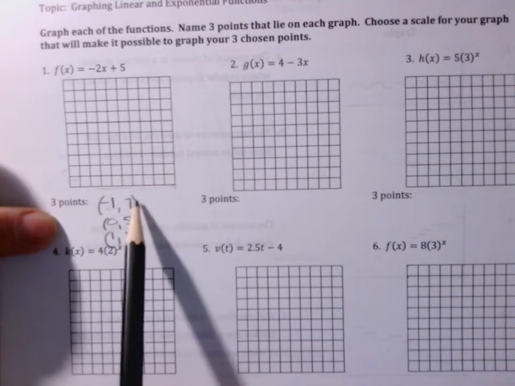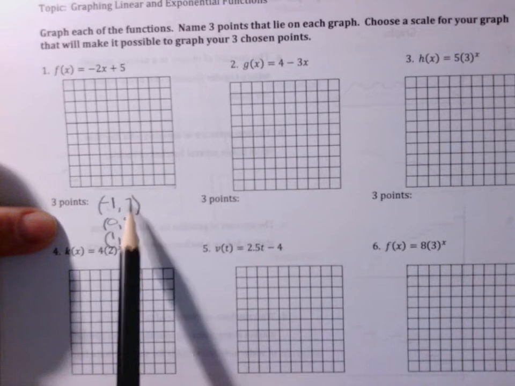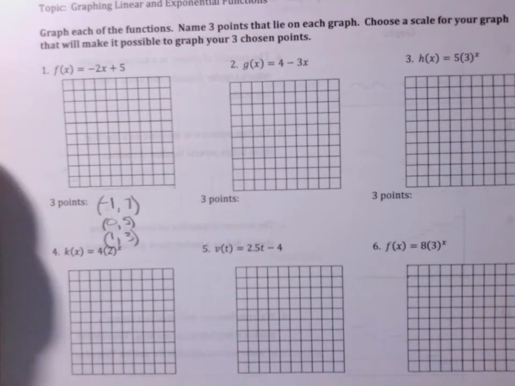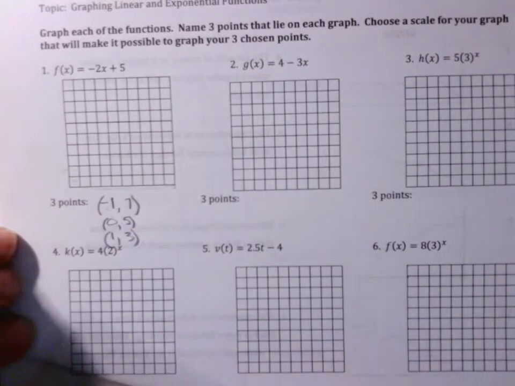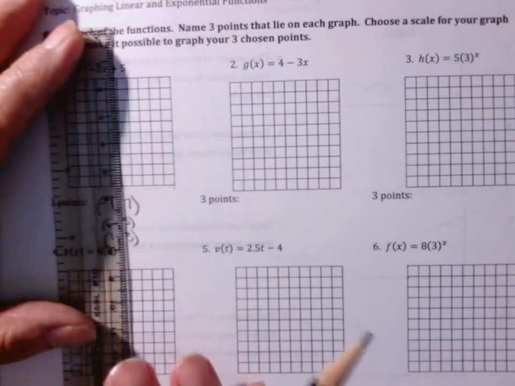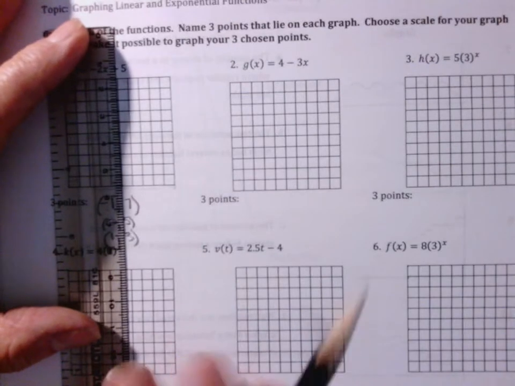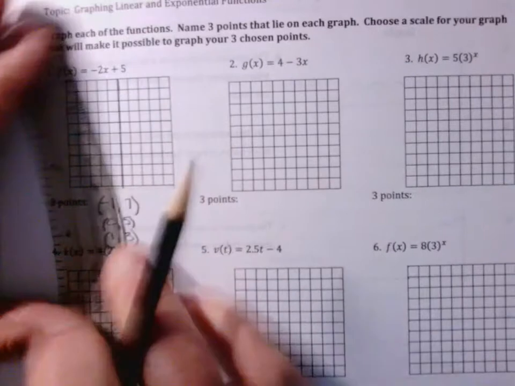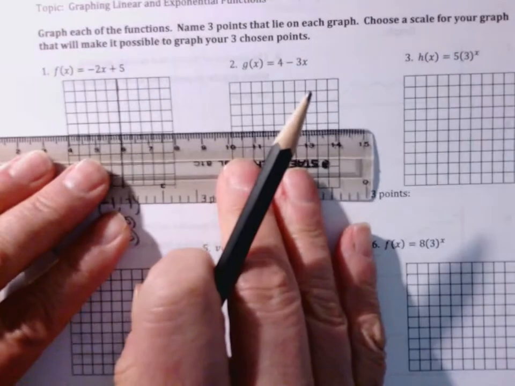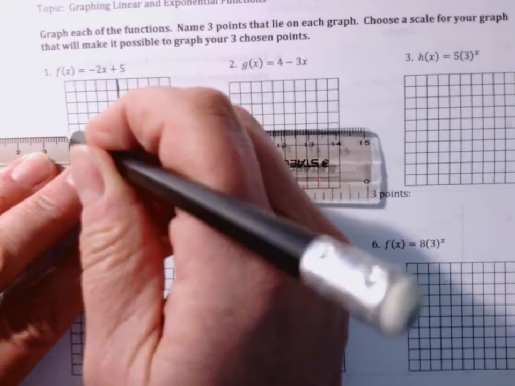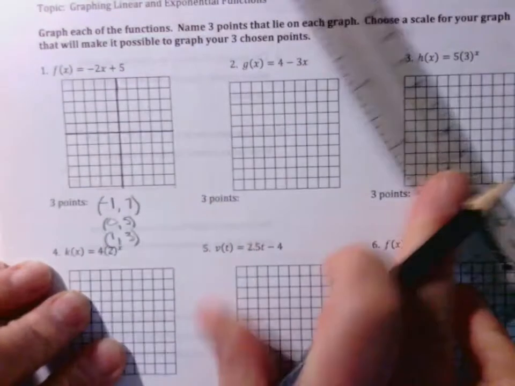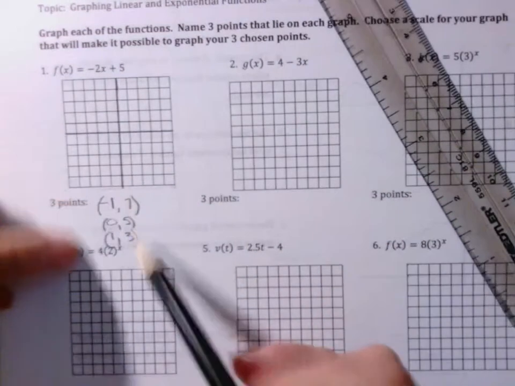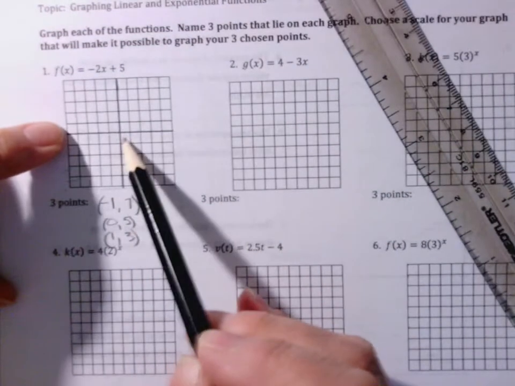But I also need to go from 7 to 5 to 3. So I'm going to put my axes kind of in the middle of the graph, because I have negative x values. I don't have any negative y values, but I've got negative x values.